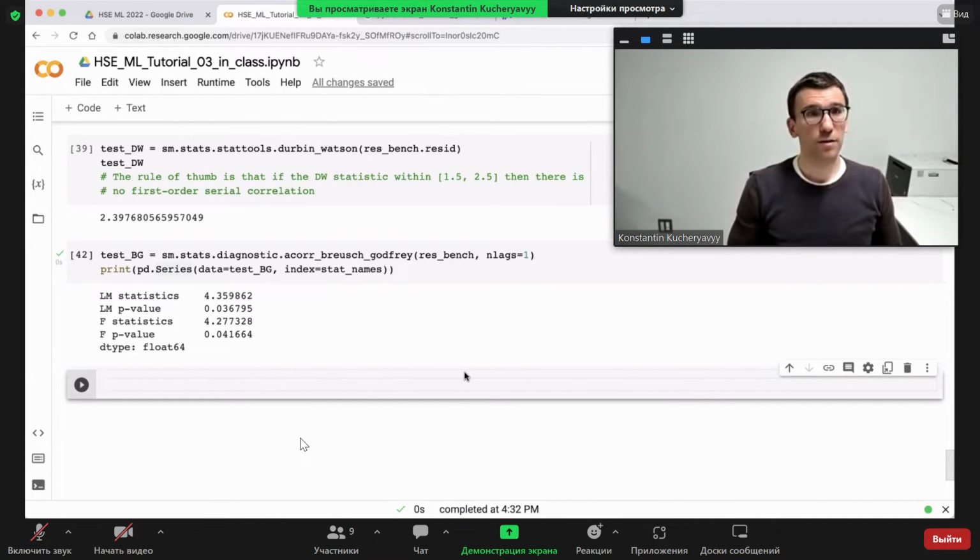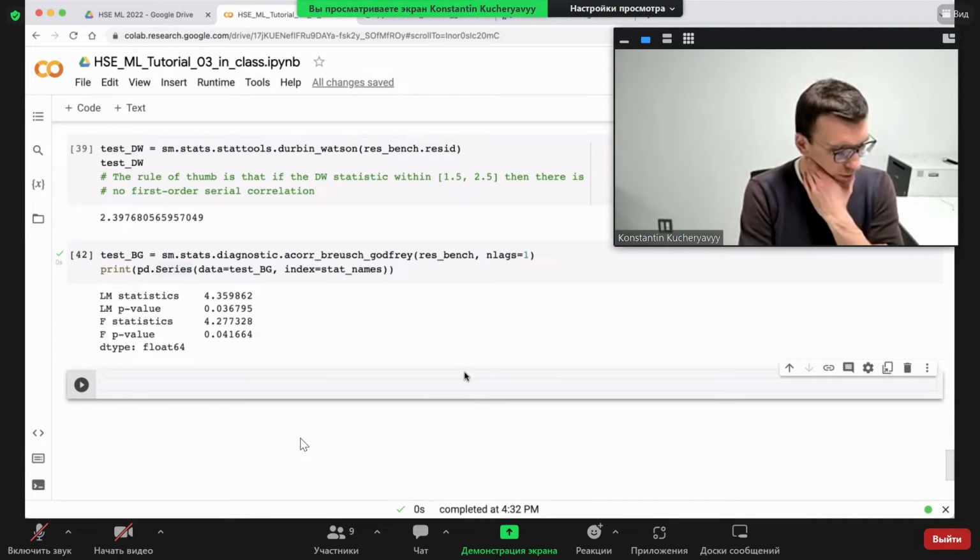If residuals are normal, then all kinds of tests work, because most of the tests are working for normal residuals or normally distributed data, especially in this linear regression context. And they asymptotically work for non-normal residuals as well, but their results are asymptotic.